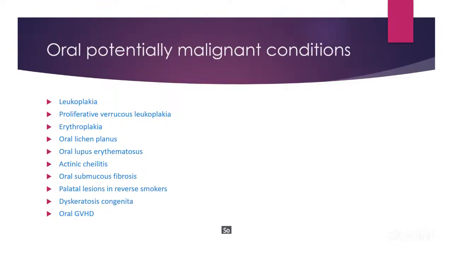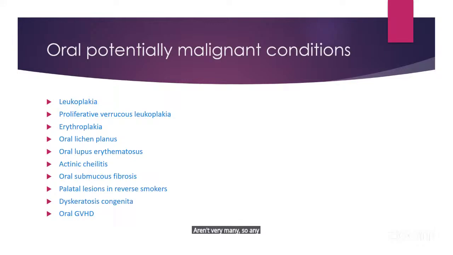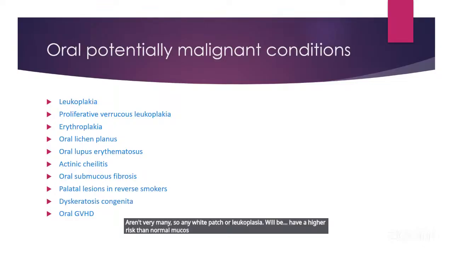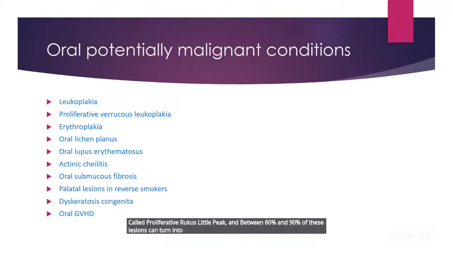So oral potentially malignant disorders, or OPMD, as the acronym is used in research worldwide, are very many. So any white patch or leukoplakia will have a higher risk than normal mucosa of becoming a cancer. This is especially true of a specific type of white patch, which is thicker, called proliferative verrucous leukoplakia, and between 60 and 90% of these lesions can turn into a cancer.